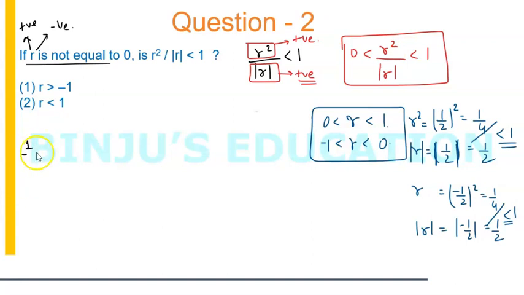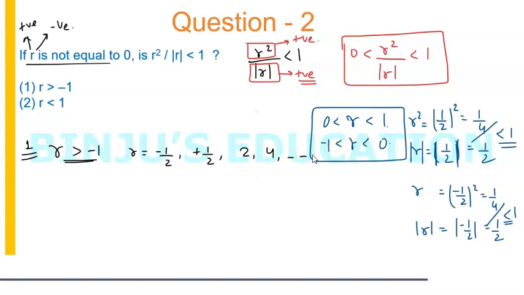Statement number 1 says that the value of R is greater than minus 1. Now if the value of R is greater than minus 1, it can be anything greater than minus 1. For example, R can be minus half, it can be plus half, it can be 2, it can be 4, and so on and so forth. It can be any value.